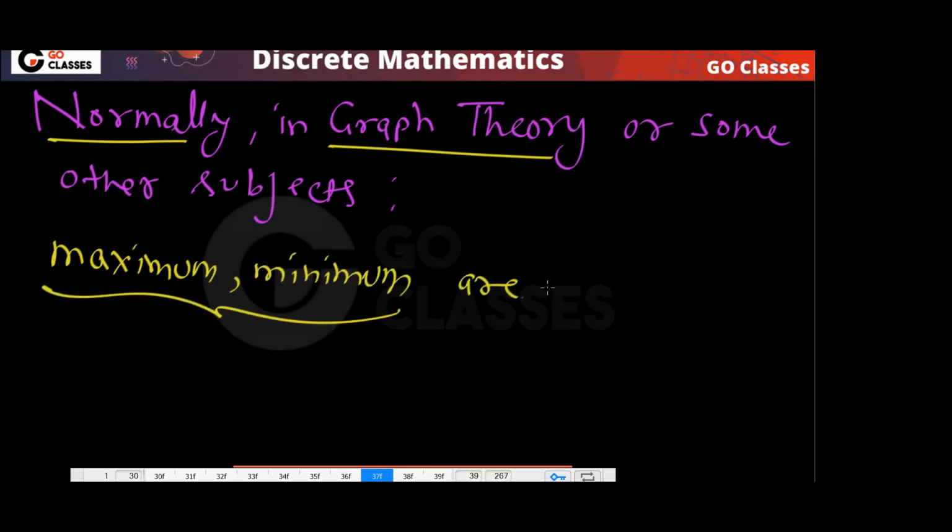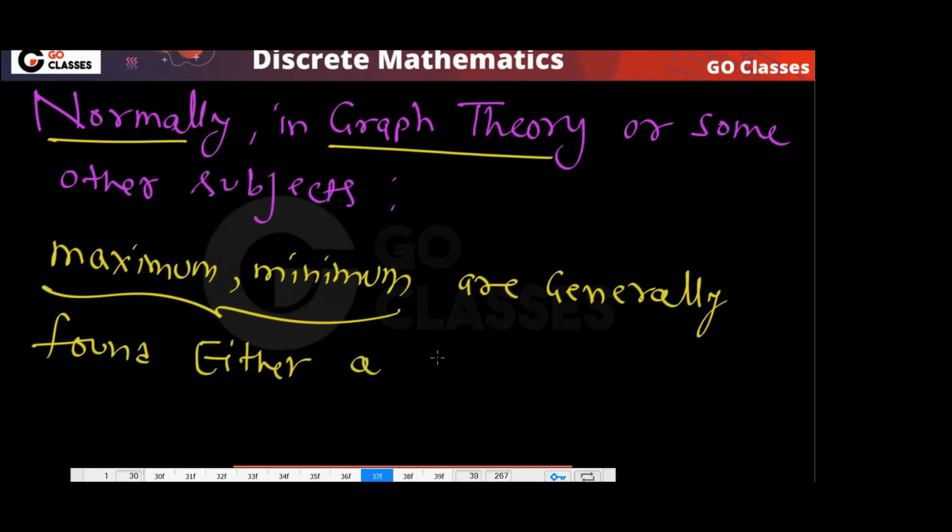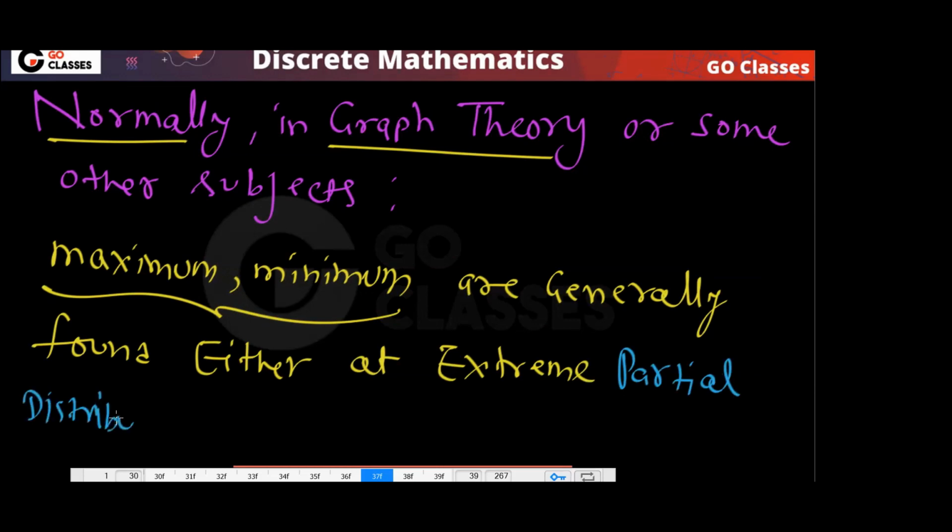Remember, they are generally found at the corner cases, either at extreme partial distribution or extreme fair distribution.